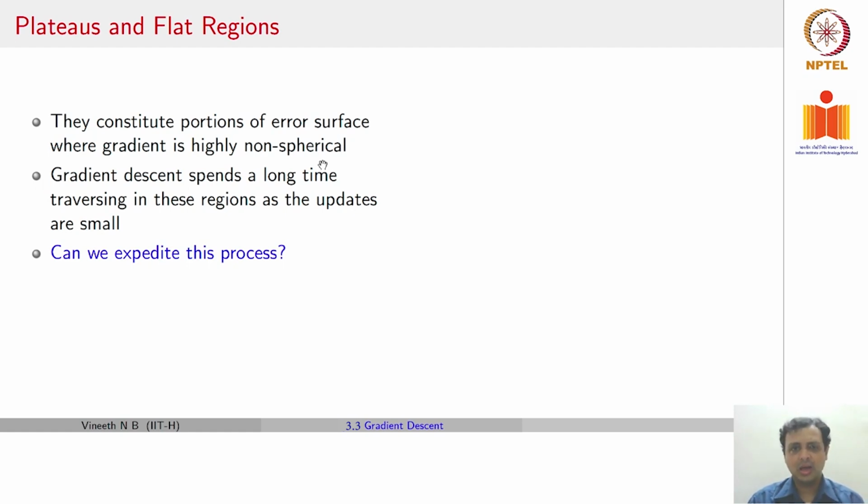Non-spherical is elongated elliptical. Spherical is a sphere. So gradient descent spends a long time traversing in these kinds of regions as the updates could be very small. Remember, when you have plateaus and flat regions, it's like going through an area where the gradient very gradually tapers. And when the gradient gradually tapers, the gradient values are small, the parameter updates are going to be small.